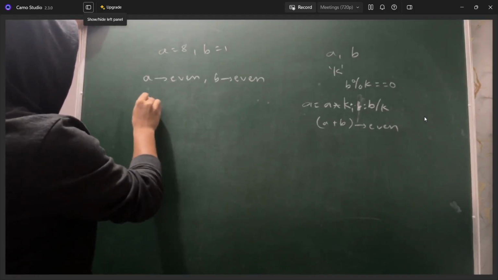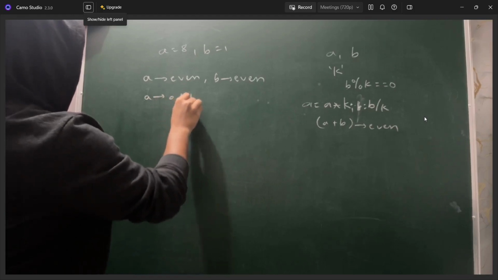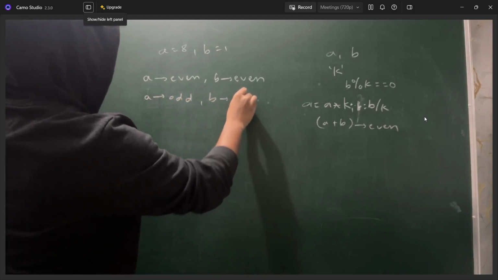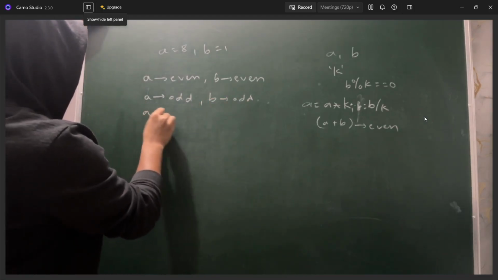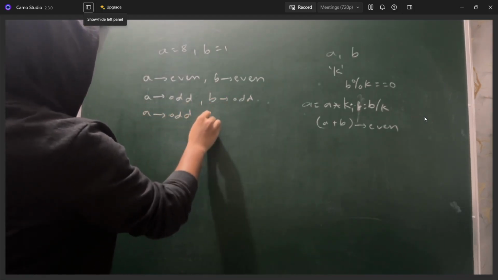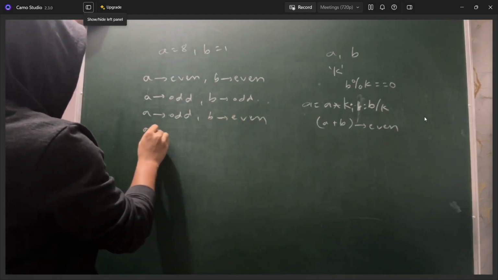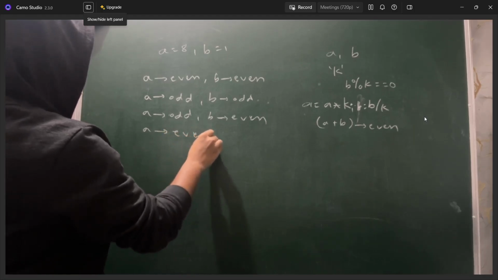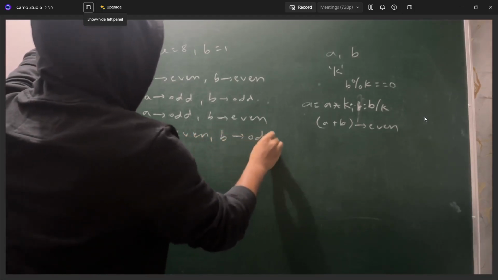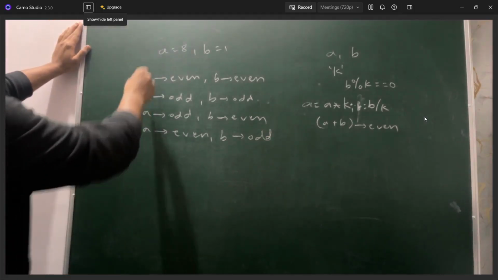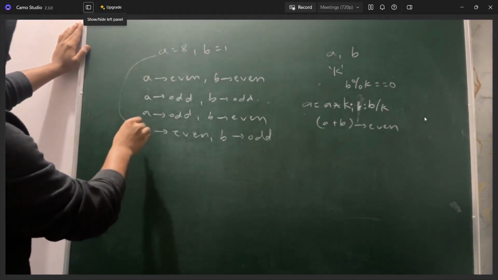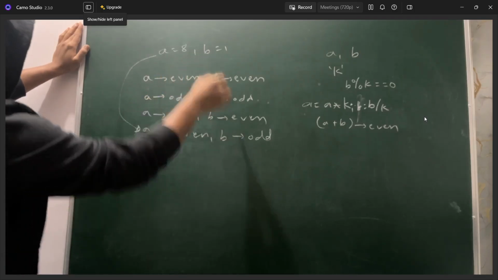If a is odd and b is also odd, we'll deal in another way. If a is odd and b is even, in another way. If a is even and b is odd, in another way. Now this example lies in the case wherein a is even and b is odd.